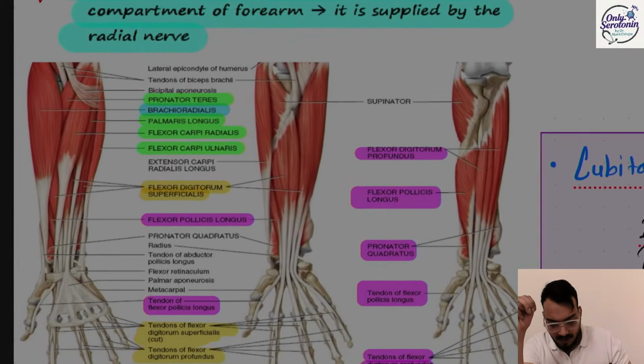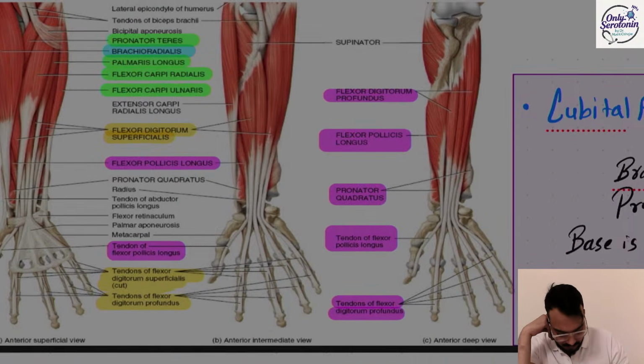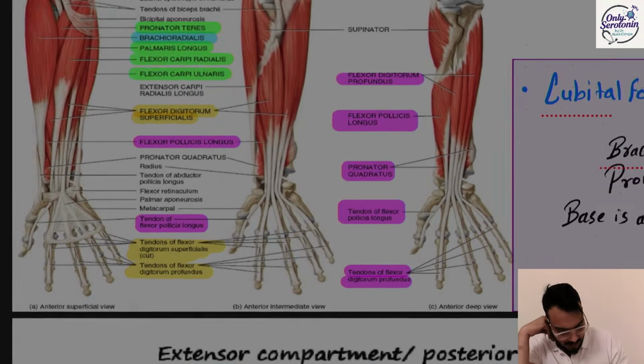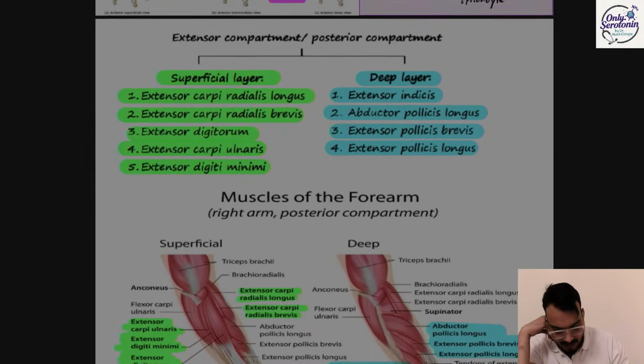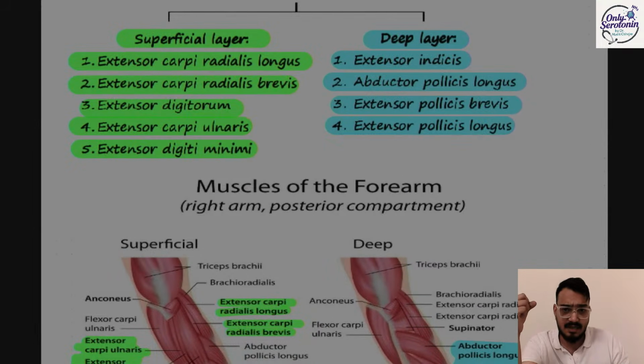The posterior compartment of forearm is having again the superficial and the deep muscles. We are having extensor carpi radialis longus, extensor carpi radialis brevis, extensor digitorum, extensor carpi ulnaris, and extensor digiti minimi.